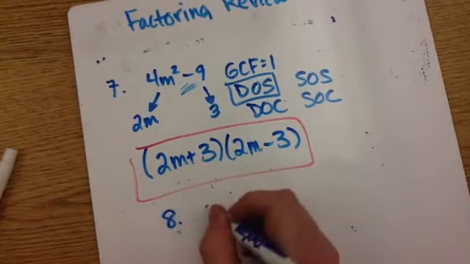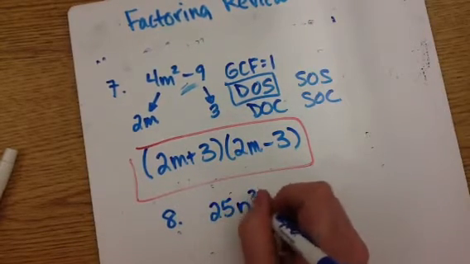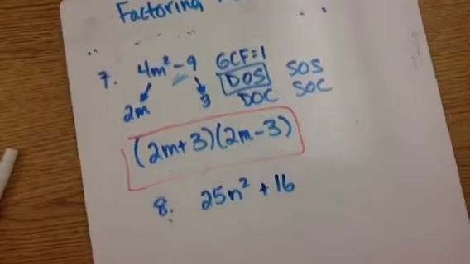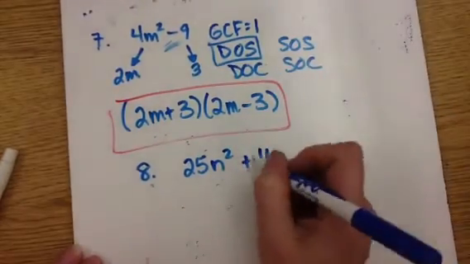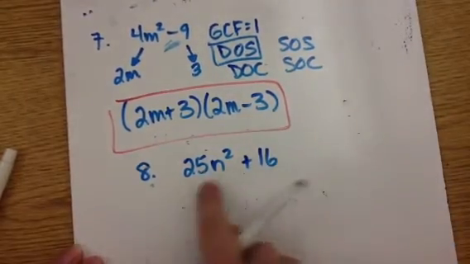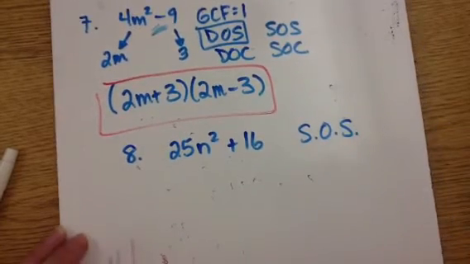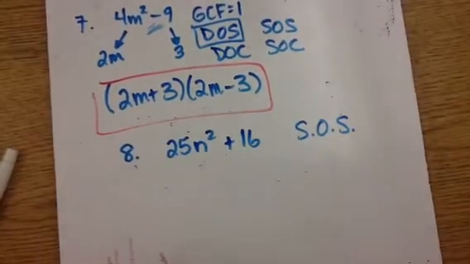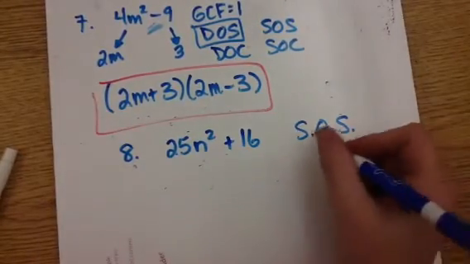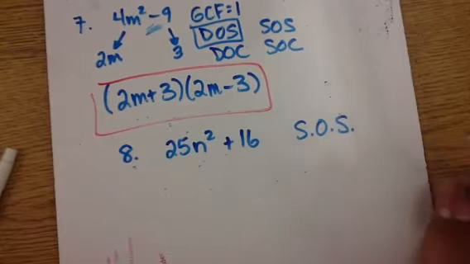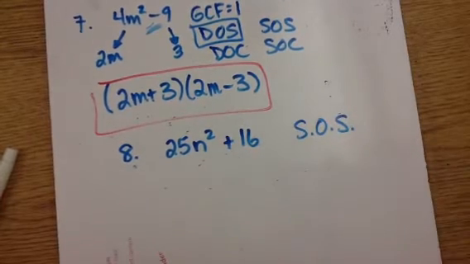Number 8 is also two terms. It's 25n squared plus 16. This one is a sum because it's addition. These are squares, so this is sum of squares. Sum of squares, remember, you may or may not remember this. SOS kind of means, in boating terms, I guess, save our ship.